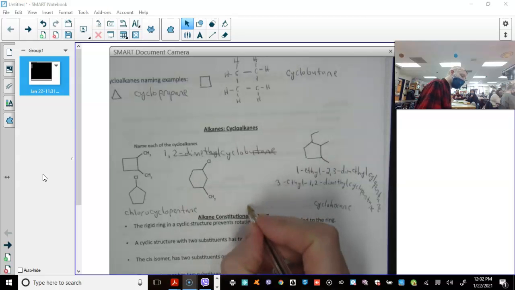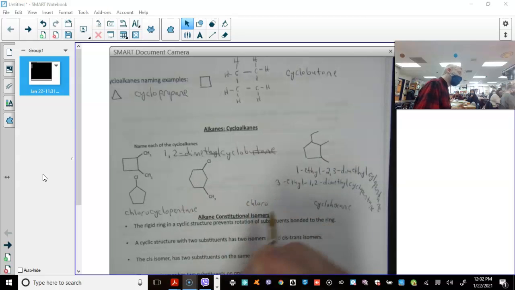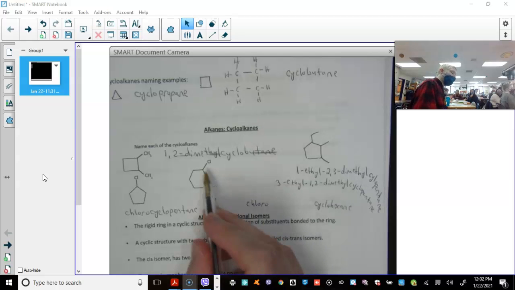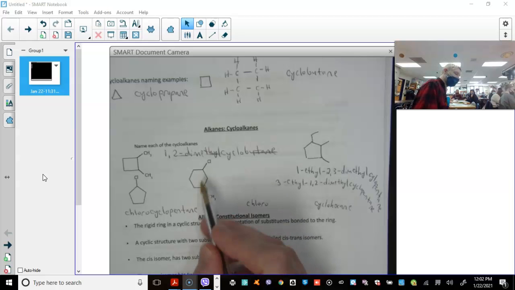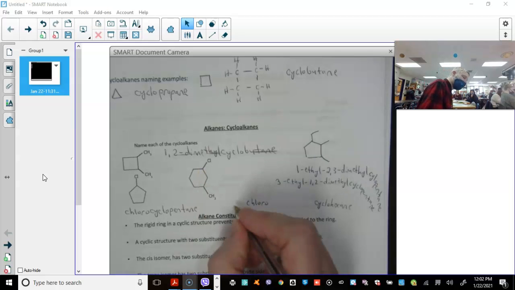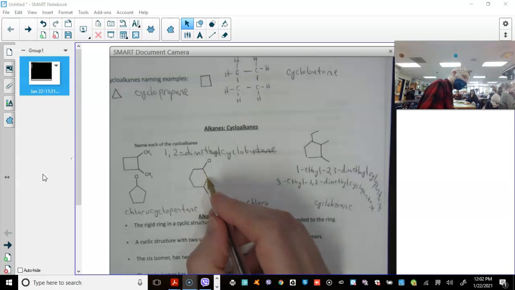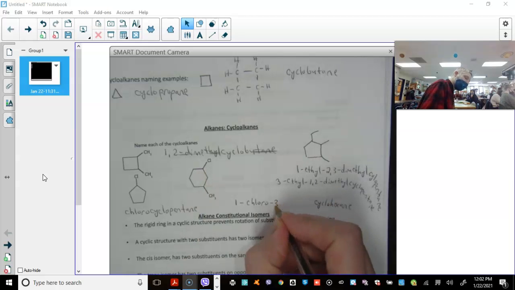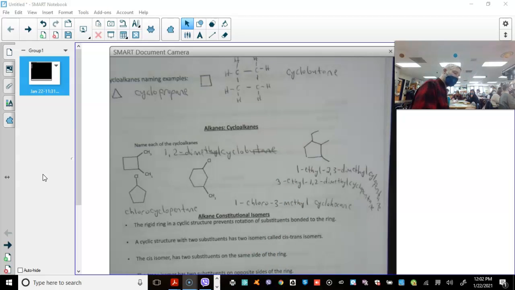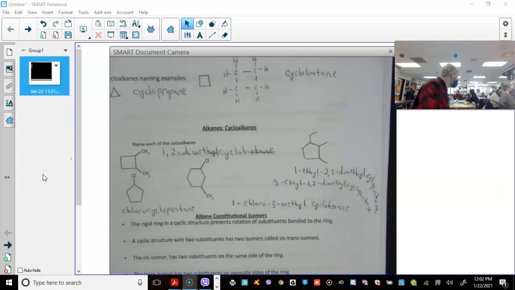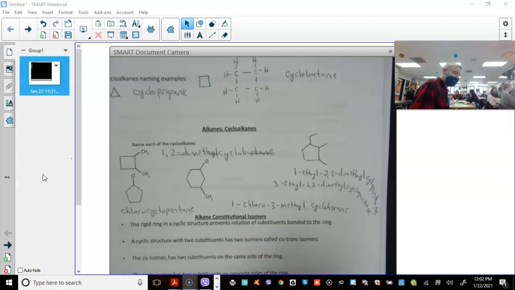But in numbering, do we number it with methyl as 1 or chloro as 1? Because chloro trumps methyl, we're going to number chloro first. So 1, 2, 3. This is going to be 1-chloro-3-methylcyclohexane. There's not supposed to be a space there, sorry about that. 1-chloro-3-methylcyclohexane.